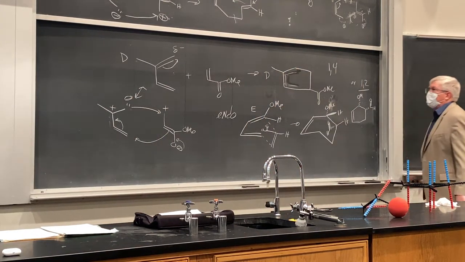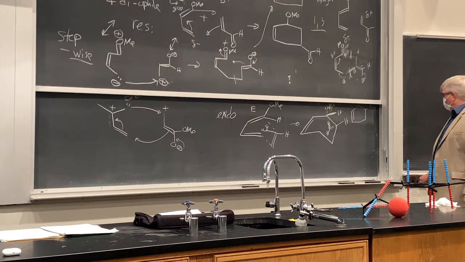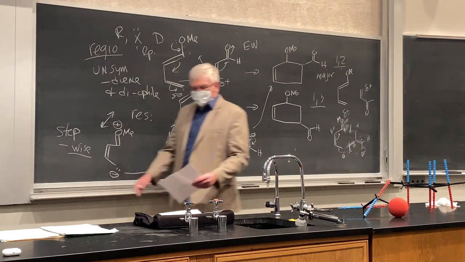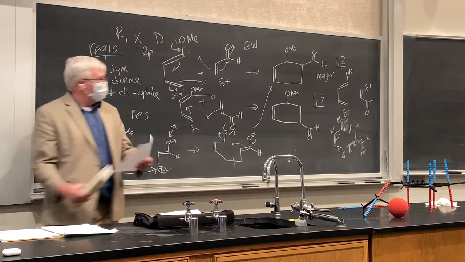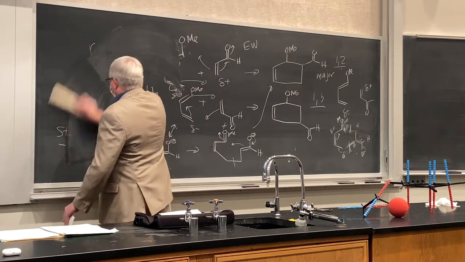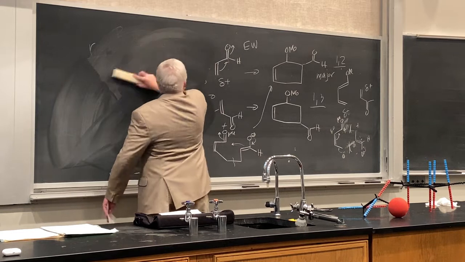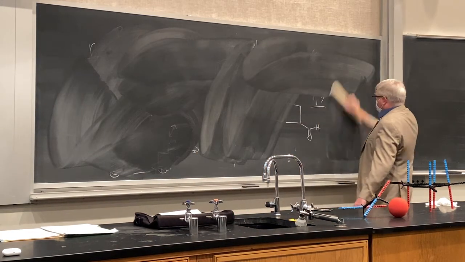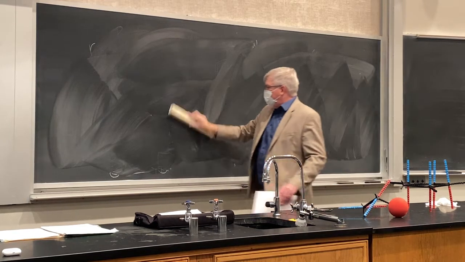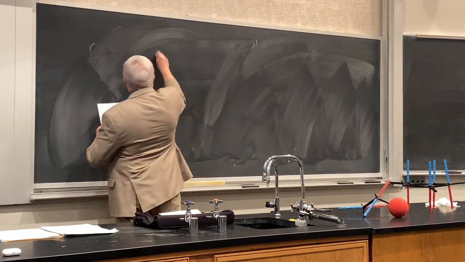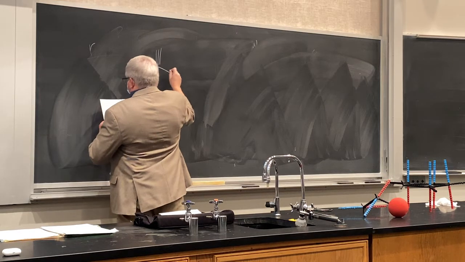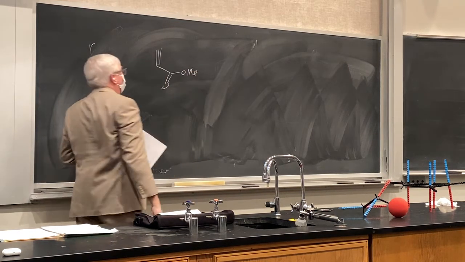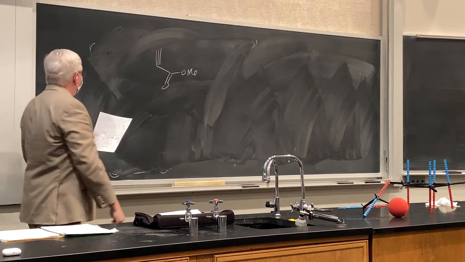Let's look at alkynes. Let's look at alkynes as dienophiles. So if we have an alkyne conjugated to a withdrawing group, here's an alkynyl ester, triple bond there.